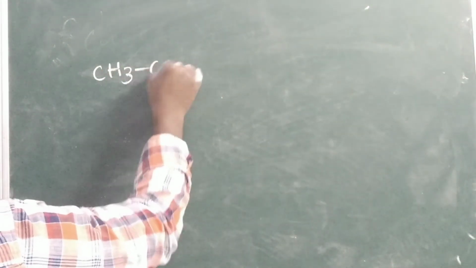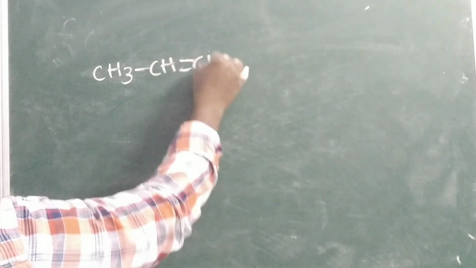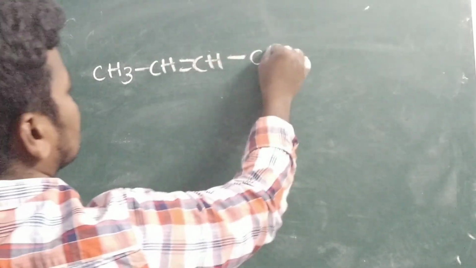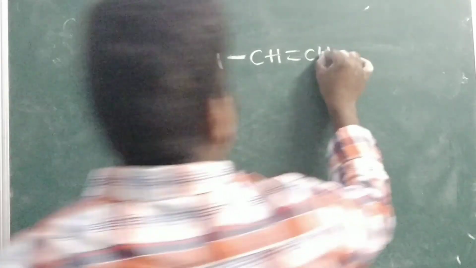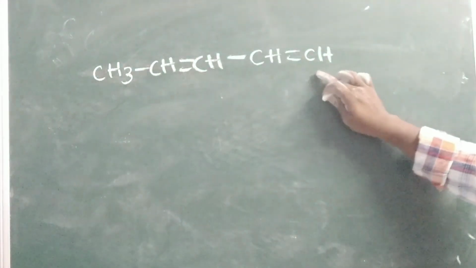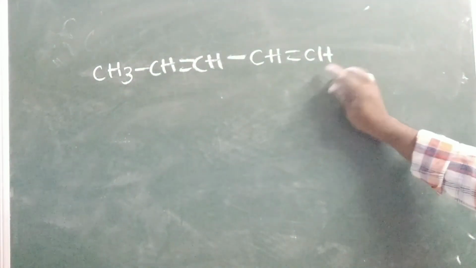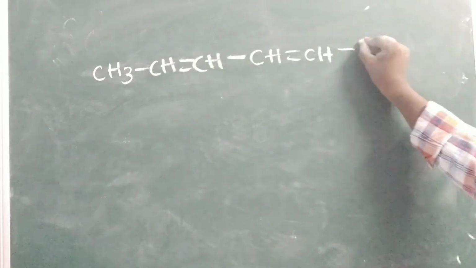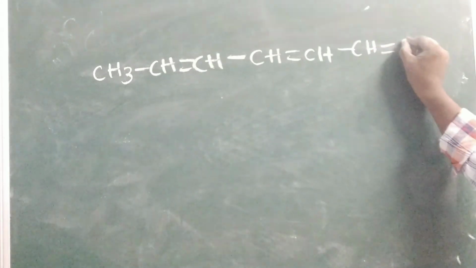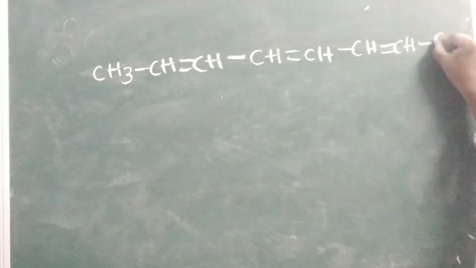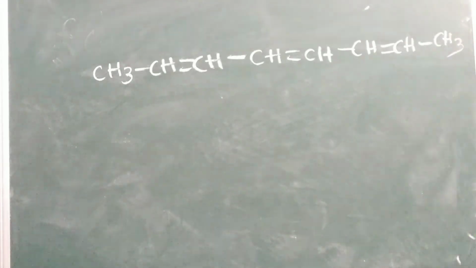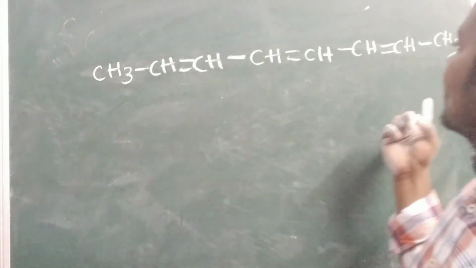CH3, CH double bond CH, CH double bond CH, CH double bond CH, CH double bond CH, CH3. Before we have taken it as a CH2.